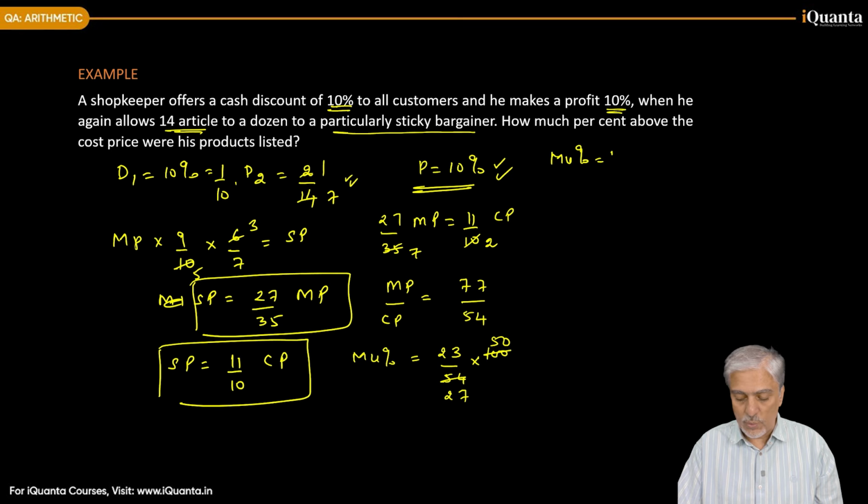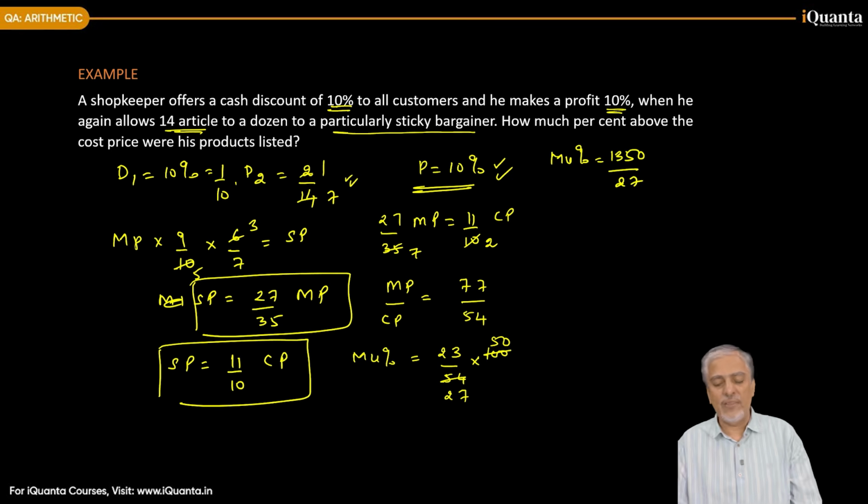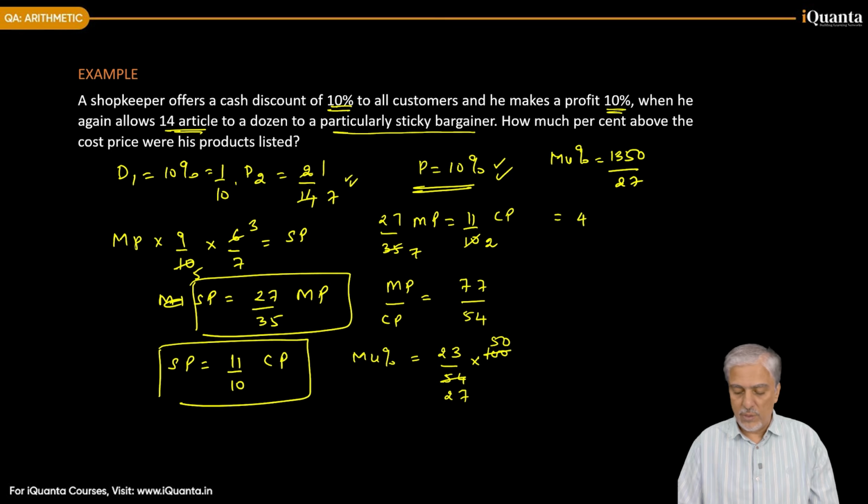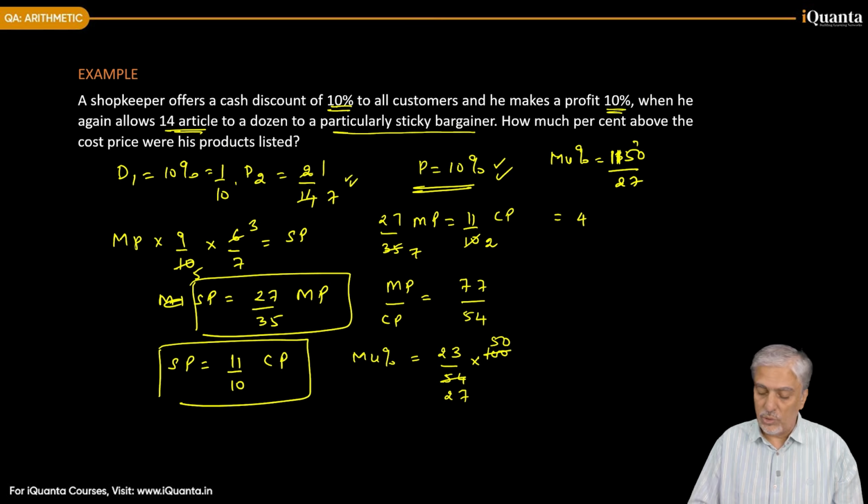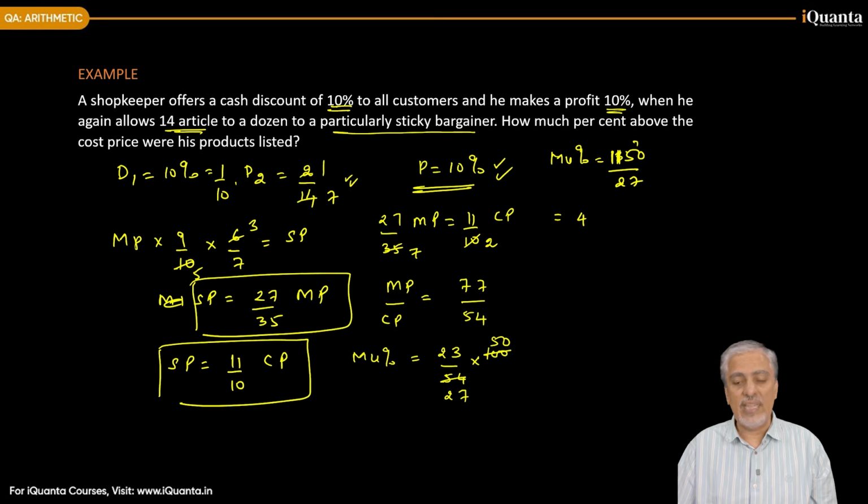So markup percent is 1150 divided by 27. 27 4s will be 108. So we are left with approximately 7 over here. So 70, 27 3s is 81. So it will be 42 point some percentage. You can use a calculator, get the exact answer.